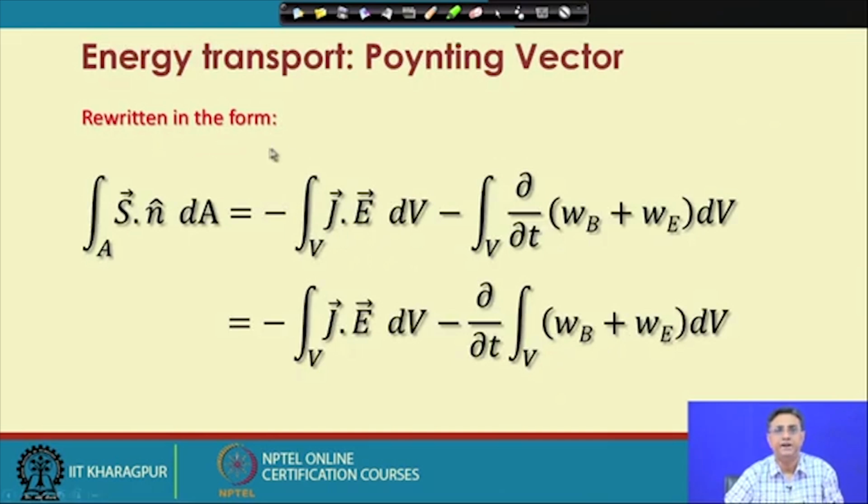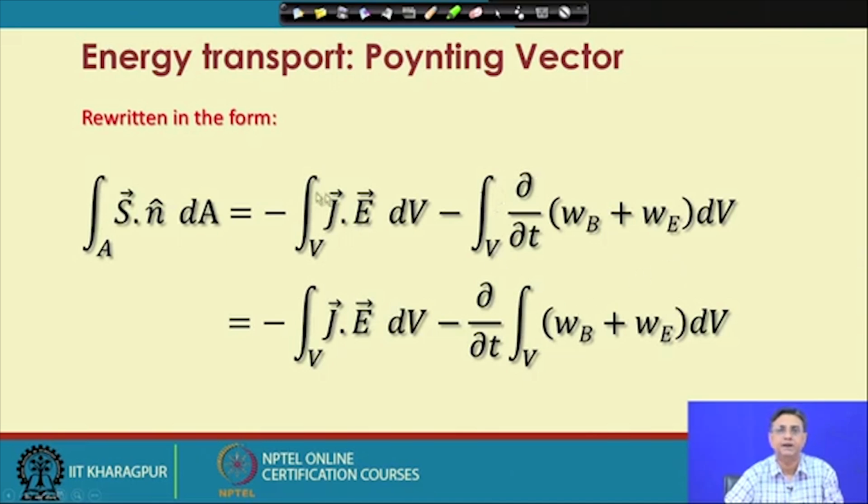So, if we rewrite this equation, the left hand side, the surface integral of the Poynting vector S dot n, will be equal to J dot E dV and this quantity. Just now we have seen that del T of W B and W E dV is the translated form of the individual variation of the electric and magnetic fields.